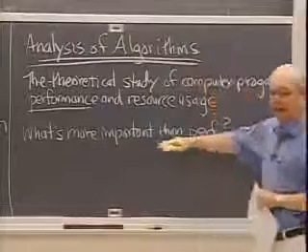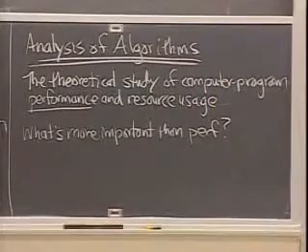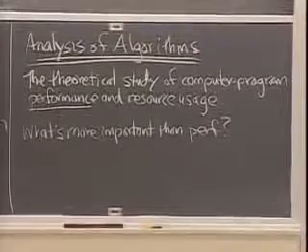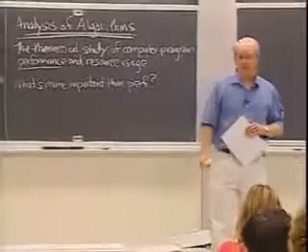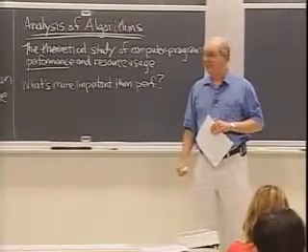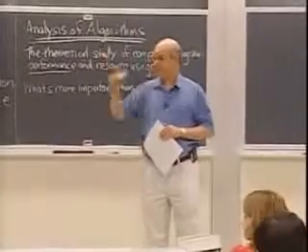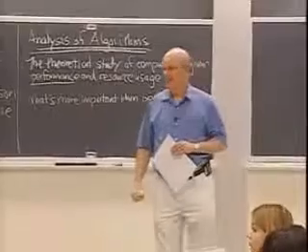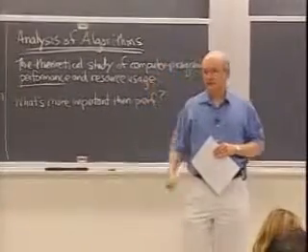If you're in an engineering situation and writing code, writing software, what's more important than performance? Correctness, good. What else? Simplicity can be very good. Maintainability. Often much more important than performance.